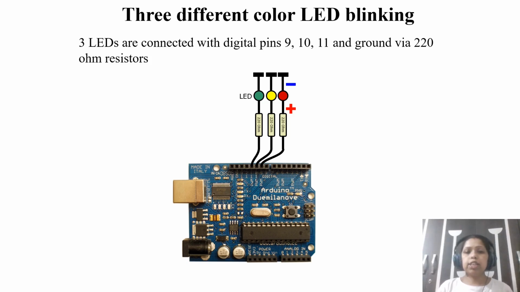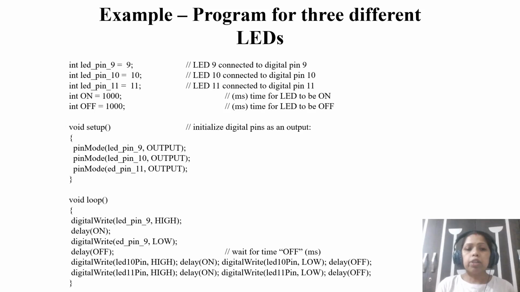In this diagram, three different LEDs are connected to the Arduino: red, green, and yellow. Within a consecutive time interval, these LEDs can blink in three different sequences. The program will be shown at the end of the lecture.